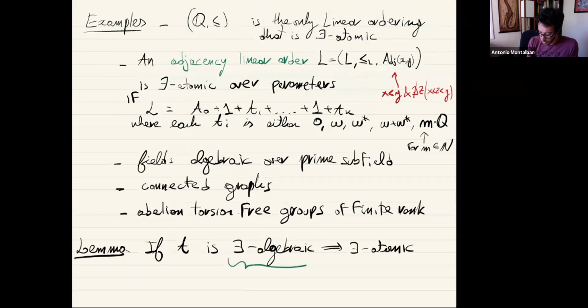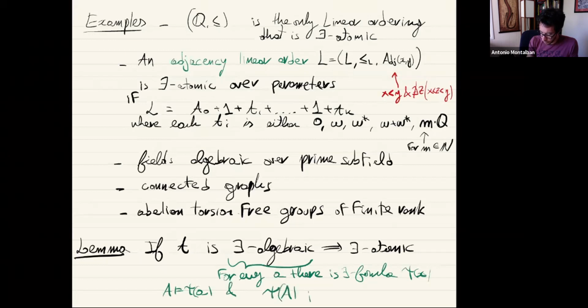So up to this point, for every element a in A, there is a formula psi(x) such that A models psi(a), and the number of things that model psi is finite.